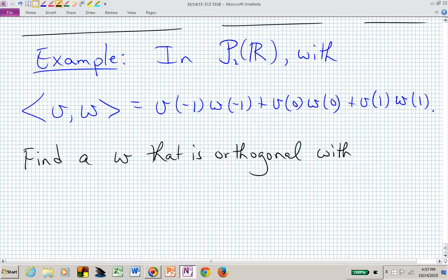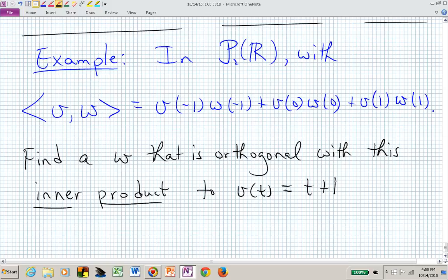What's orthogonal to what depends on the inner product. So find a vector w that is orthogonal with this inner product to, let's say, the polynomial v of t equaling t plus 1.